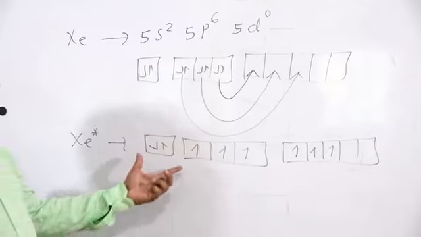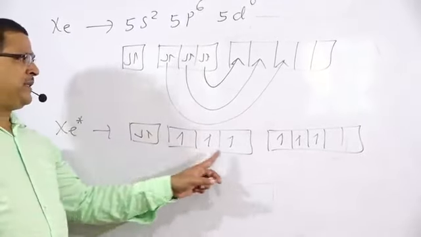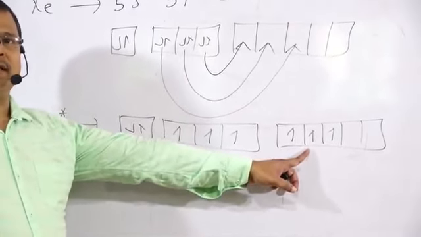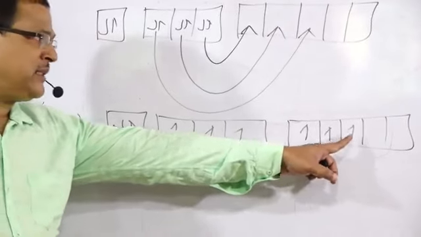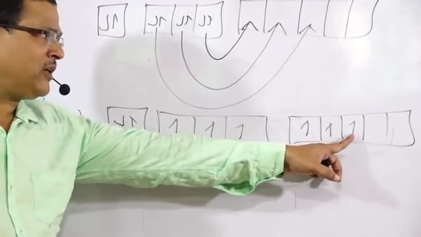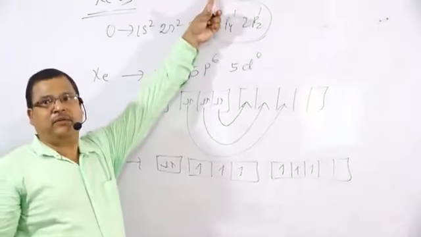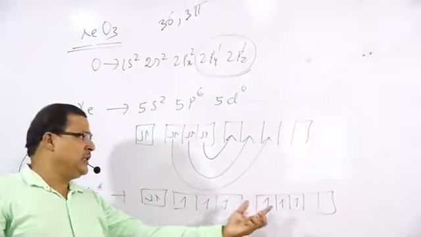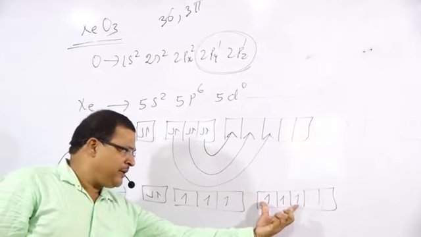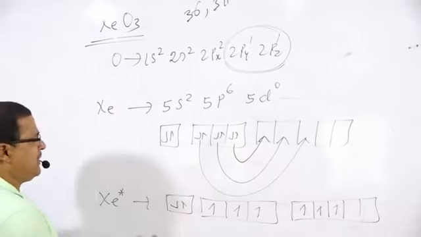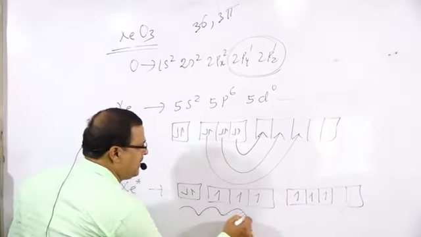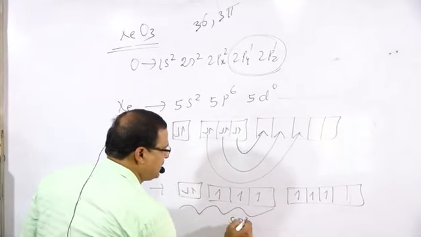Then you might say that is sp3d3 hybridization. But that is not sp3d3 hybridization, because these 3 electrons will remain unhybridized for the formation of the 3 pi bonds. So there are 3 unhybridized orbitals.